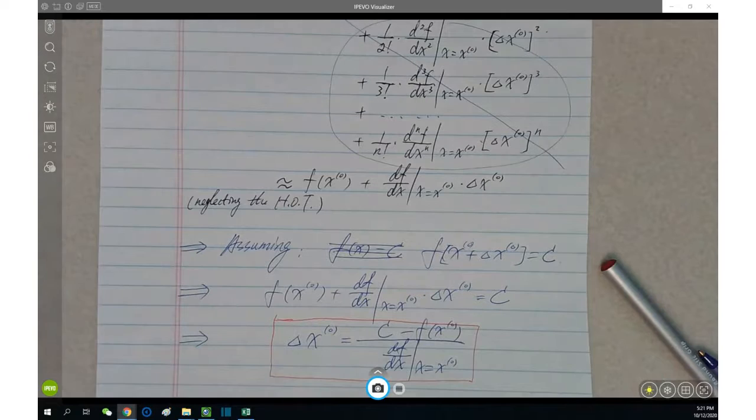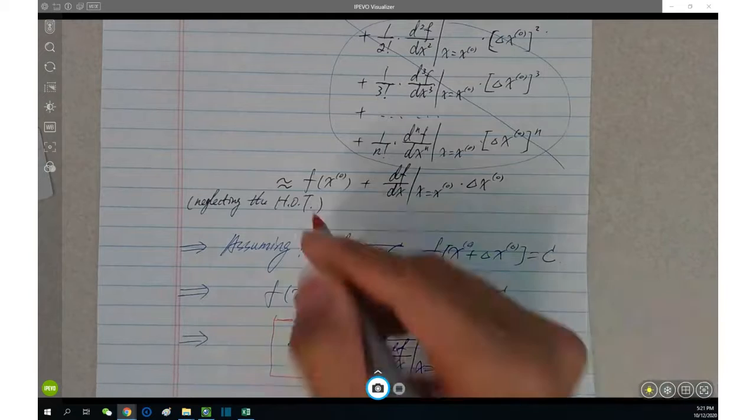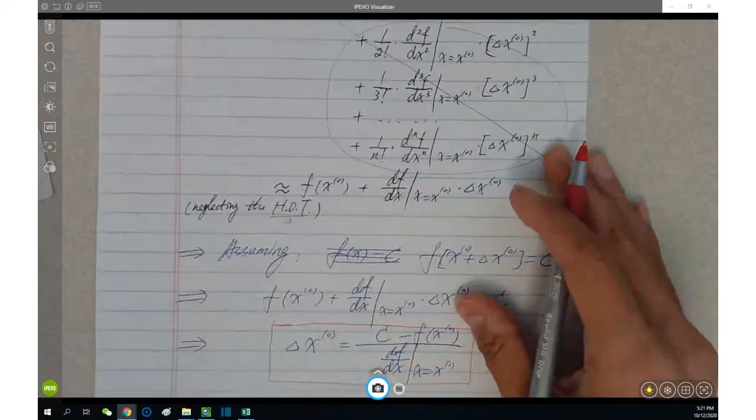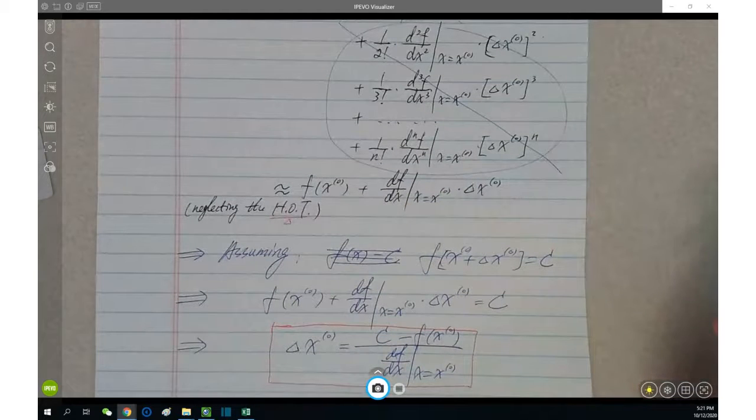We can stop here. What are higher order terms? You mean here, right? What does higher order terms mean? Do you guys understand in math? Anyone knows? Terms.